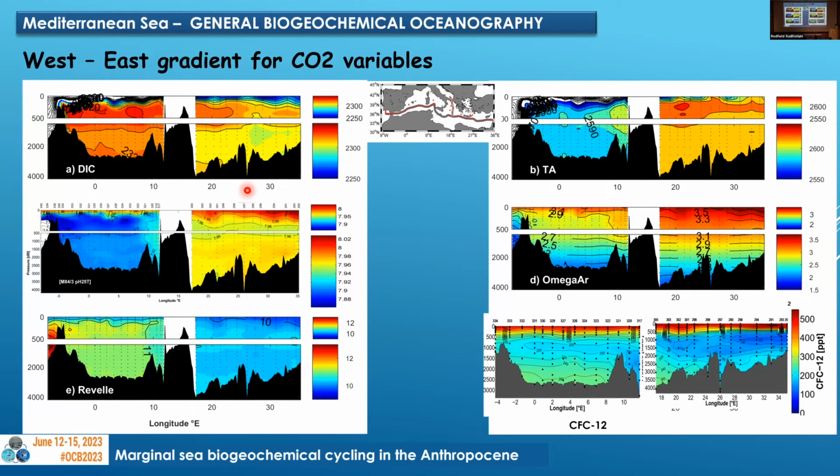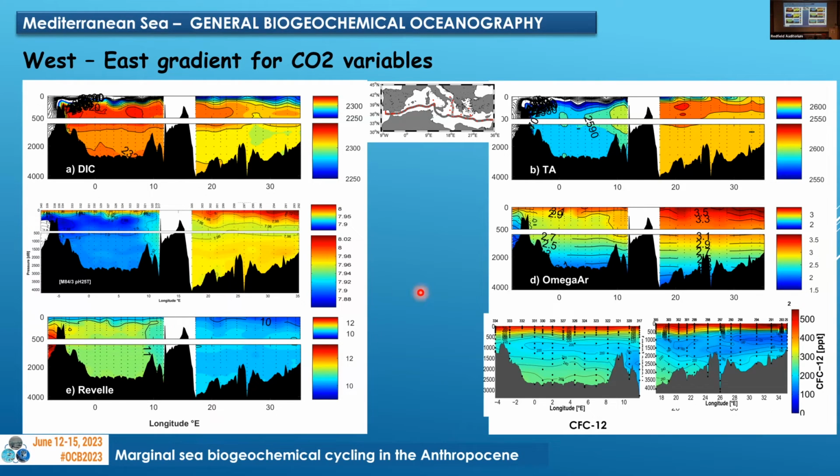And it tells you that the Mediterranean Sea, especially the eastern part, with a low Revelle factor and high alkalinity, is able to absorb, keep pace with the increase of CO2 in the atmosphere much better than, for example, the Western or the Atlantic Ocean. But this ability to capture anthropogenic carbon doesn't mean that it will be much more acidified, because the alkalinity will compensate for this absorption of anthropogenic carbon.